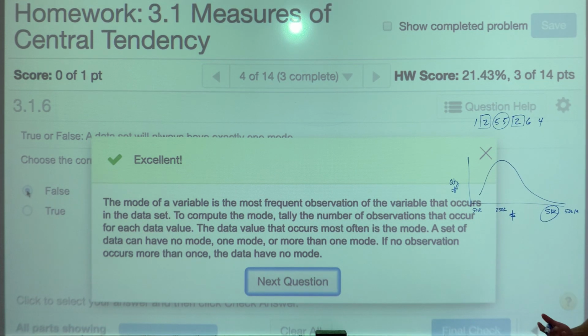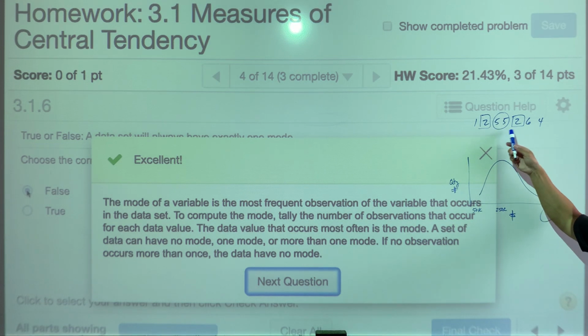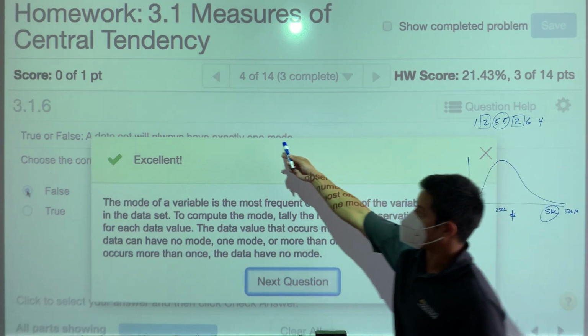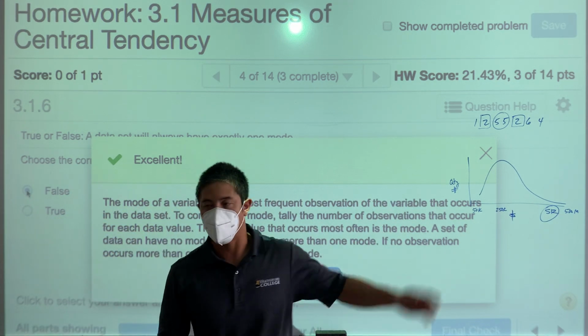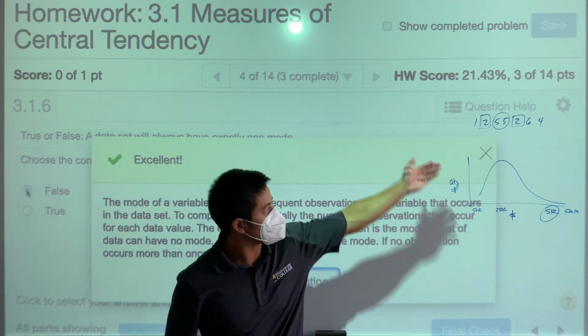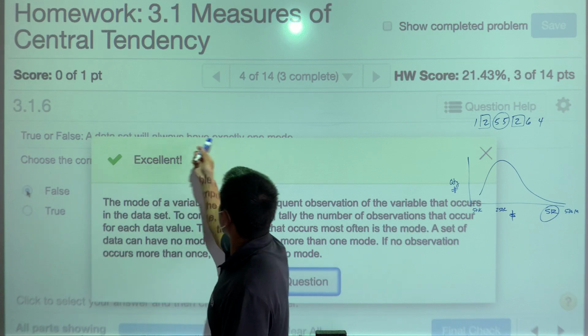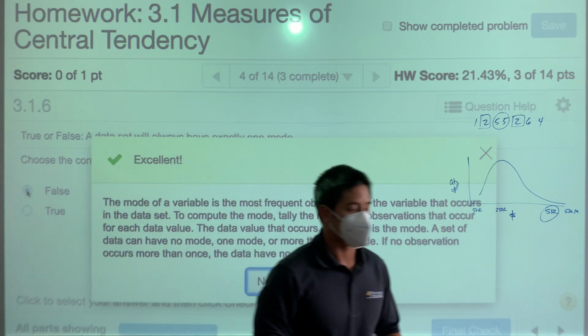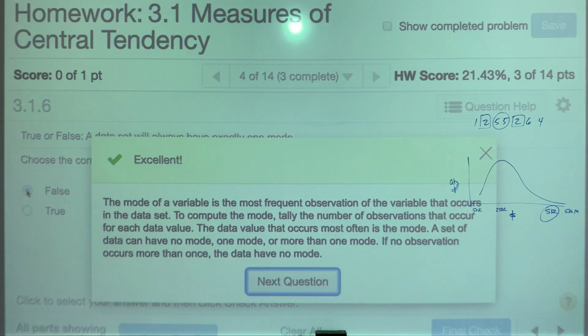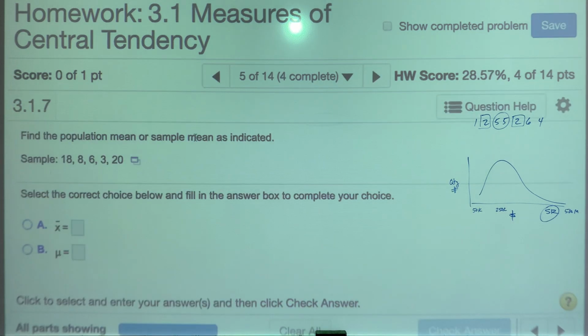So I've got a tie for the most frequently occurring element. If we answer true to this, then I can't have that. But clearly, I can have more than one mode. That was a long explanation, but you'll get it as we go along.